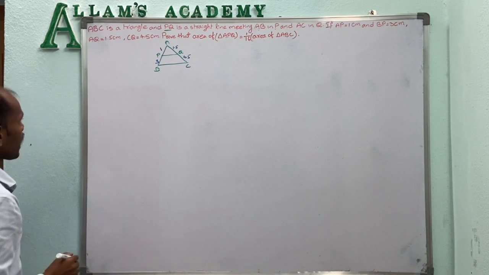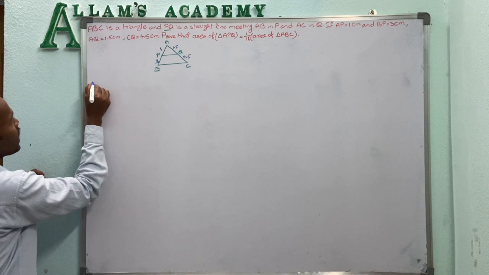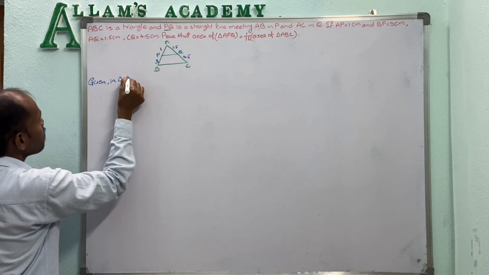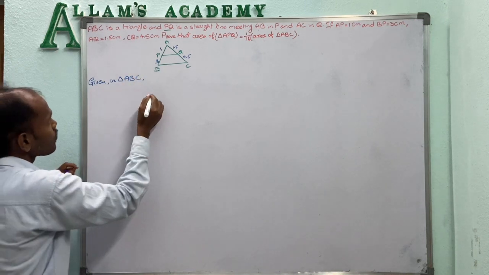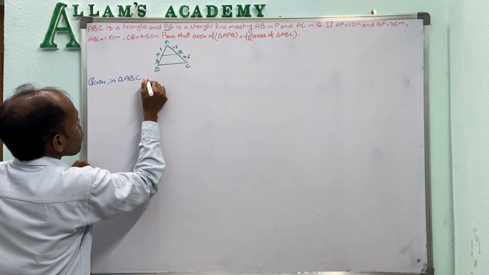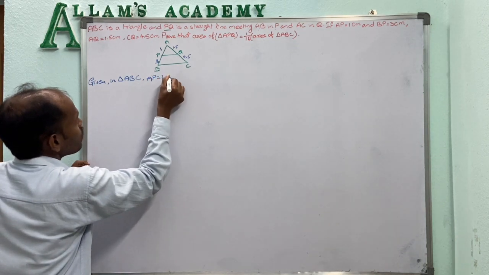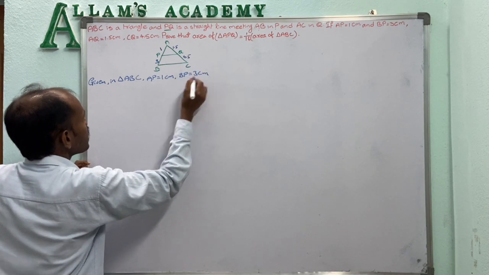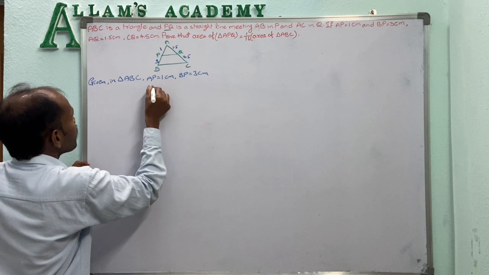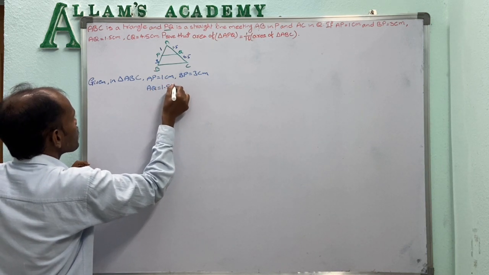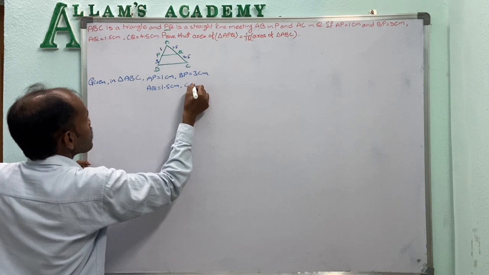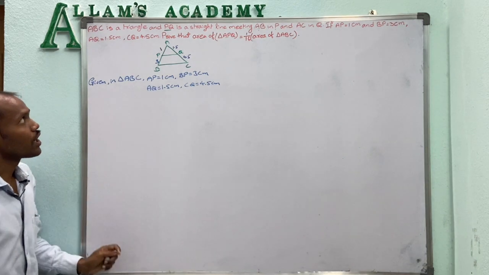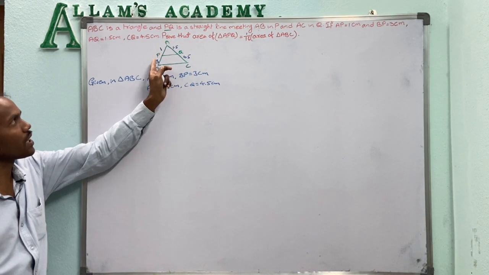So now writing that information given in triangle ABC, AP equal to 1 centimeter, BP equal to 3 centimeters, AQ equal to 1.5 centimeters, CQ equal to 4.5 centimeters.